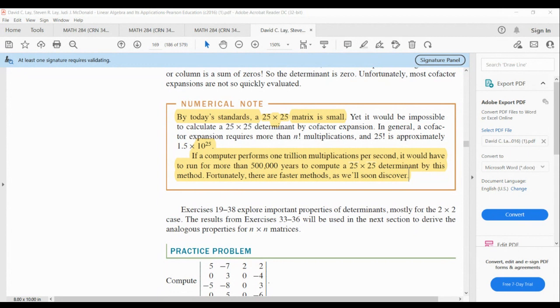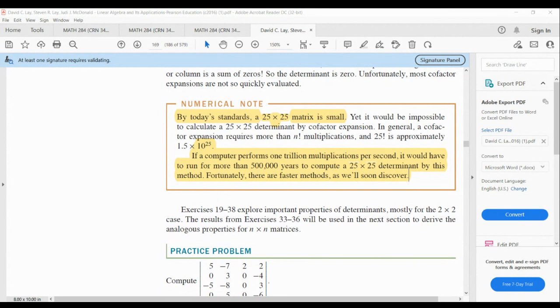Mikhail is saying about 500,000 years, very nice. Jacob, that's amazing, right? Computers are nice, they do computations, but even they have limitations.